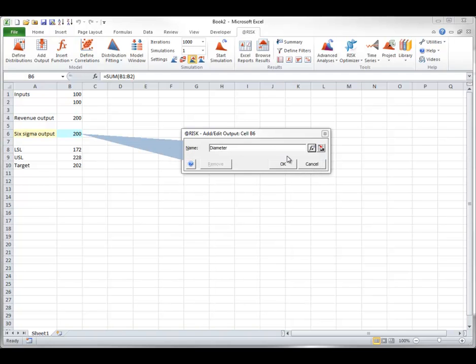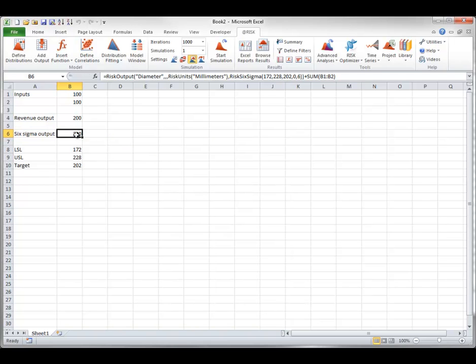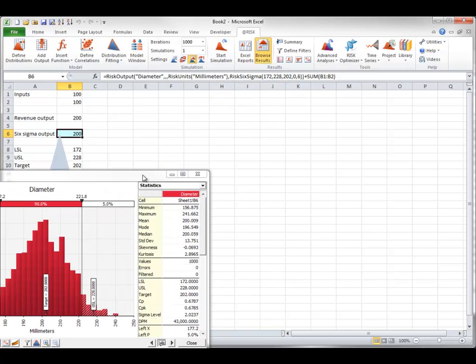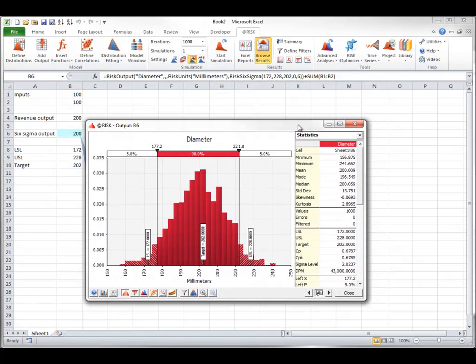Click OK, click OK, and you can see that now there is another property function, the RiskSixSigma function, with the arguments that I specified. There is also the RiskUnits property function. Now I will run a simulation for that output. As you can see, the histogram of the output shows the specification limits, the target, the name, and the units.